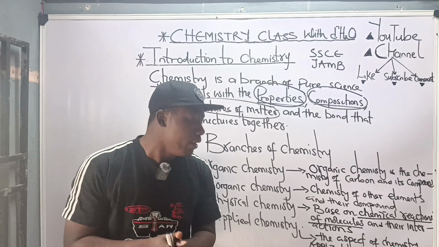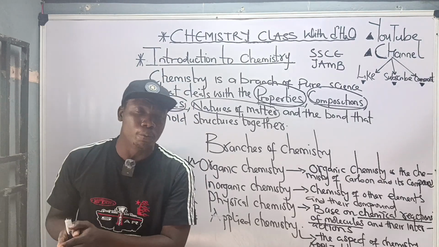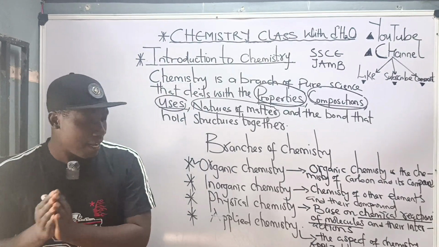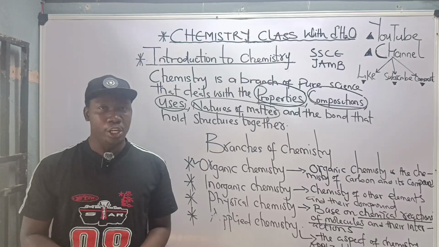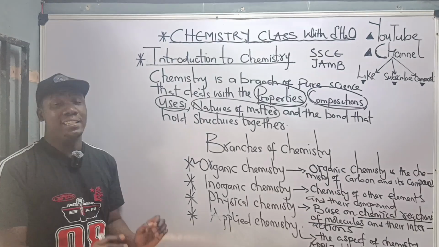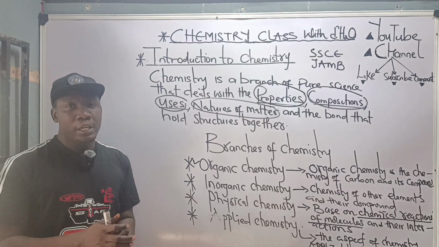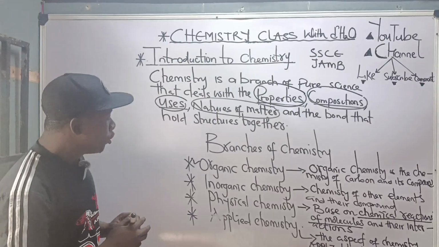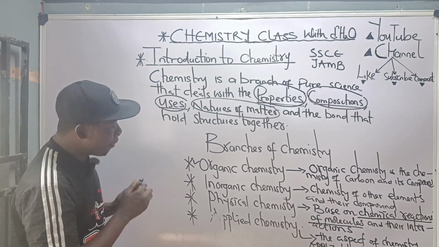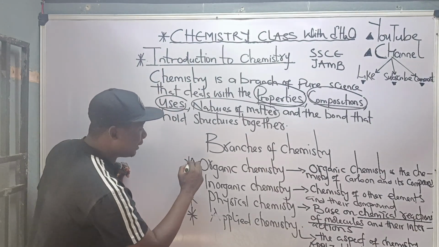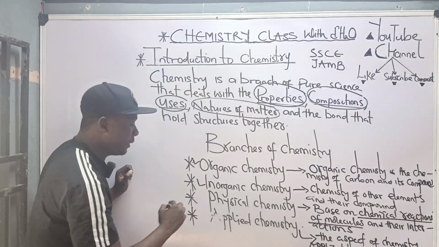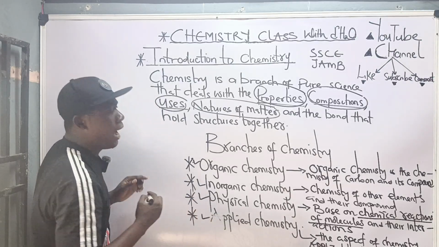Yes, that is used in pharmacies, in drugs production, in the production of chemicals and the rest. That's applied chemistry. So these are what we refer to as the branches of chemistry. Now what I'm going to do for you, I'm going to give you the topics that you can find under the organic, inorganic, physical, and applied.